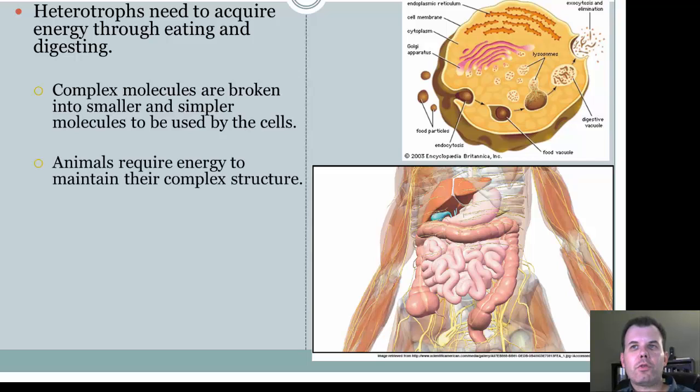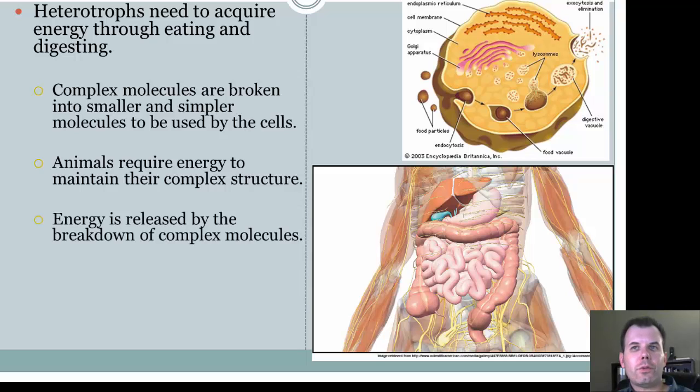Animals require energy to maintain their complex structure. Obviously, we're multicellular, and so all our cells need to eat and get nutrients to survive. The energy is released from the breakdown of the complex molecules. We talked about cell respiration, and how important glucose is to make ATP, getting that mechanical energy so you can move your muscles. That's very important.